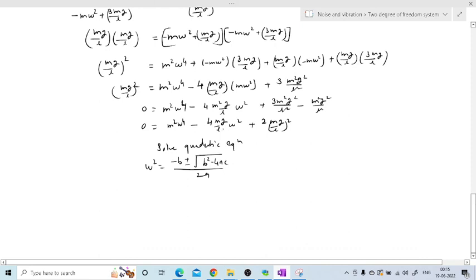It is 4mg by l. What is the value of a? It is m square. What is the value of c? It is 2mg by l bracket square. Put all these values, we will get the answer of omega, and this answer comes out to be 2g by l. So this is the derivation.